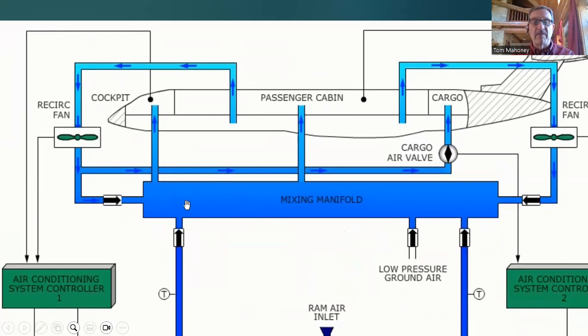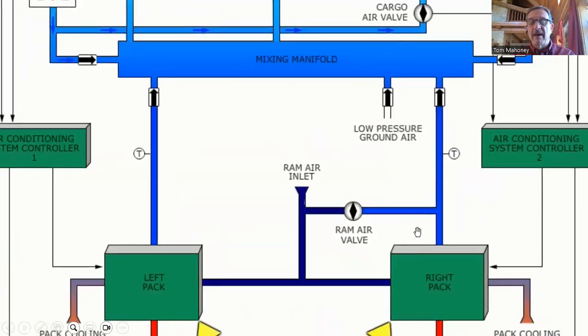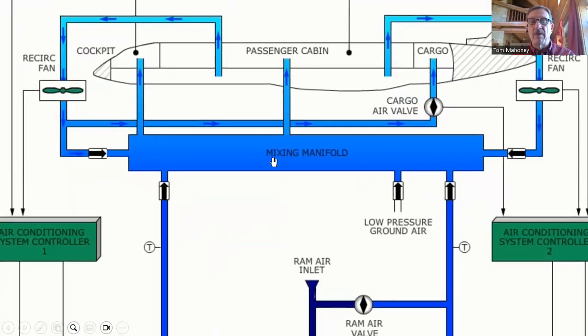Most of that air coming from the left pack will end up coming through this ductwork right here into the cockpit, and of course, some of it ends up in the passenger cabin, and most of the passenger cabin conditioned air traveling from the right pack comes up through the manifold and then is redirected to the passenger cabin.